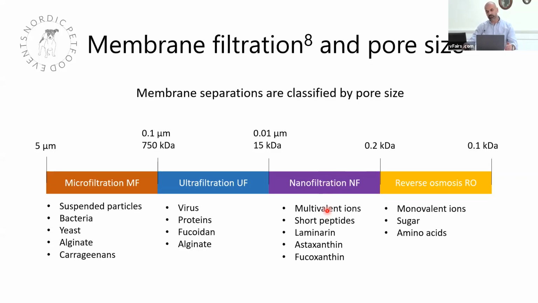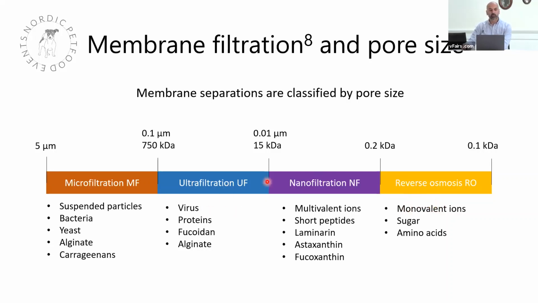And the finest is reverse osmosis. Basically, reverse osmosis rejects everything except water: monovalent ions, sugar, single amino acids. That's also used for desalting seawater, for example, to create drinking water or purify water in general.